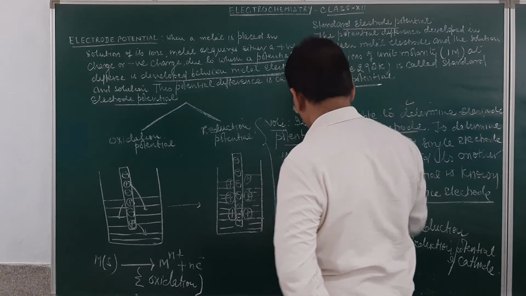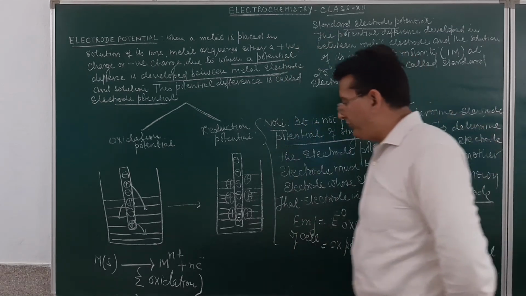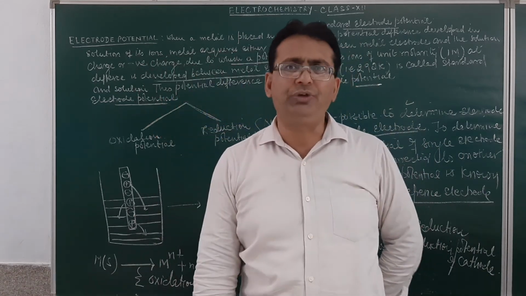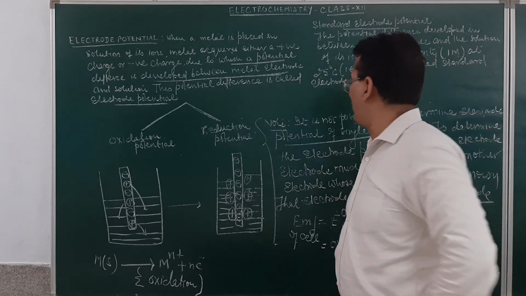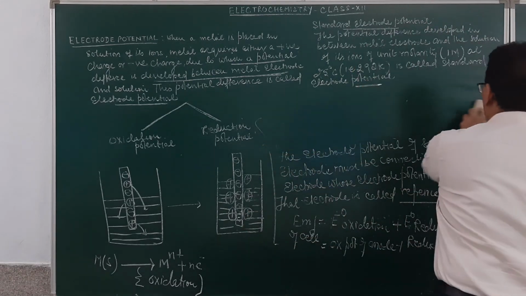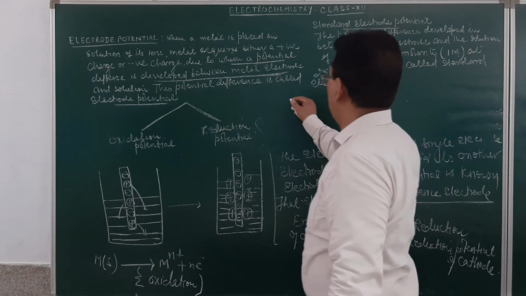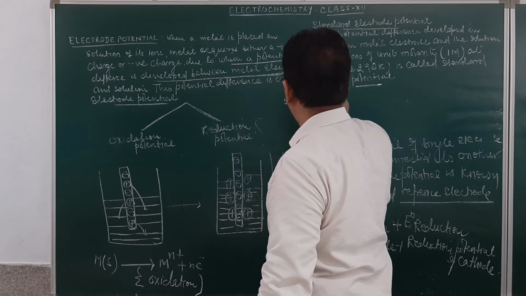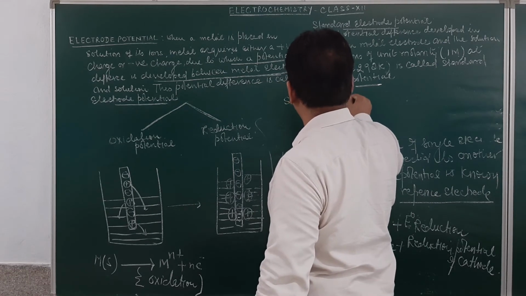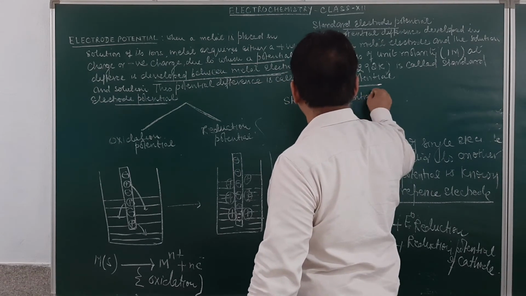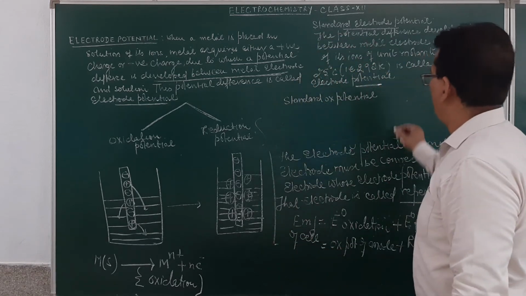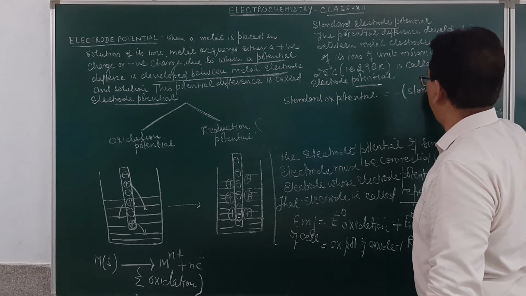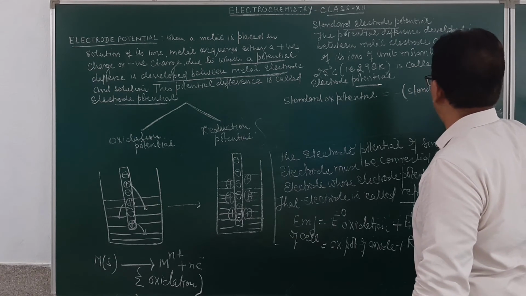Am I clear? Now one concept which you must remember, student, is how to change standard oxidation potential into reduction potential and vice versa. Always remember, standard oxidation potential will be equal to the negative of standard reduction potential.